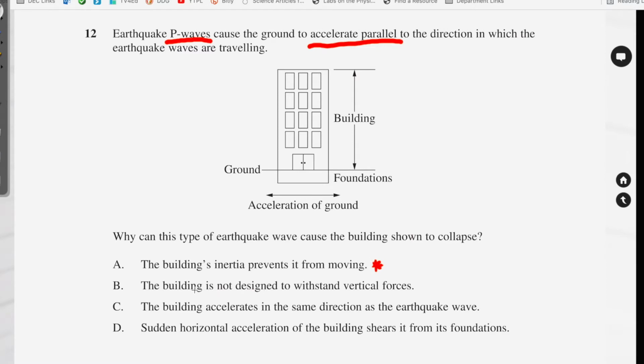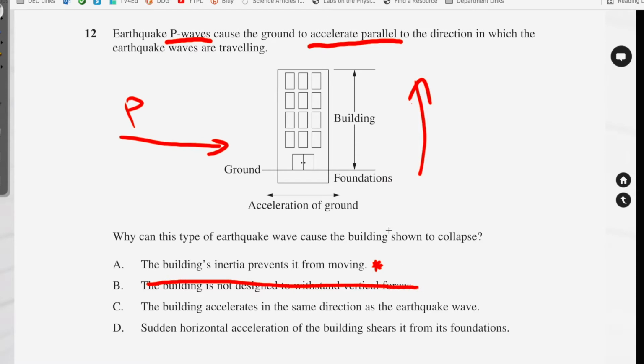Now, if we look here, B: the building is not designed to withstand vertical forces. Now, that may be, but one of the things here is relating it to P waves. And as we said before, the P waves are going in that direction. Vertical, we're going up that way. So in this case, that's actually not relevant to that information up there, so we can get rid of that one.